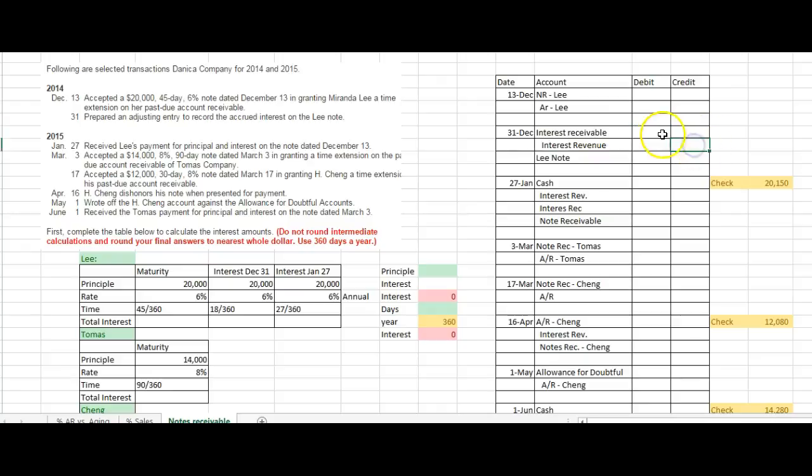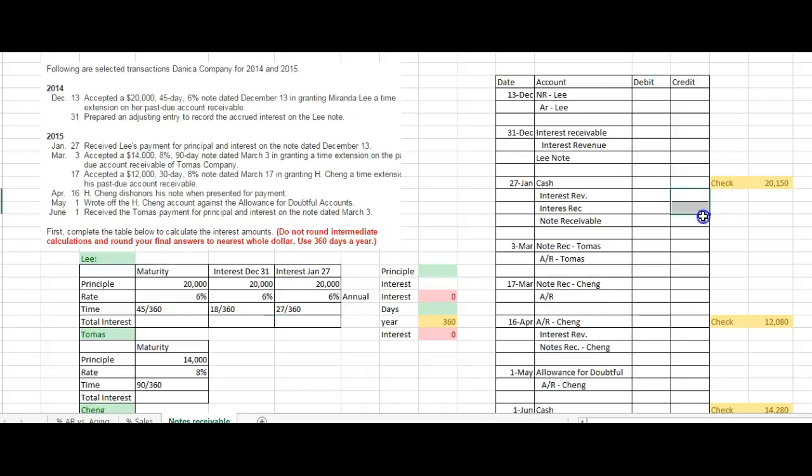So this revenue has been recognized. So I need to get rid of the receivable because they're paying it. So that's a credit for that amount. Down here, sorry. And then what is the actual revenue that I'm recognizing from January 1 to January 27th? And that would be this number here.